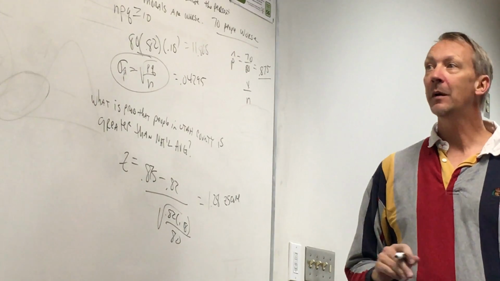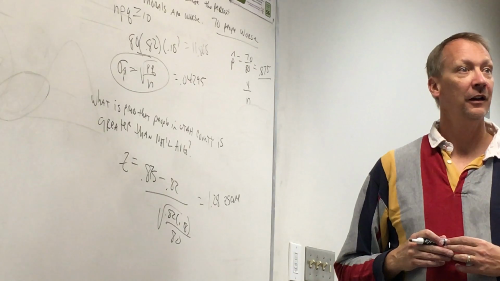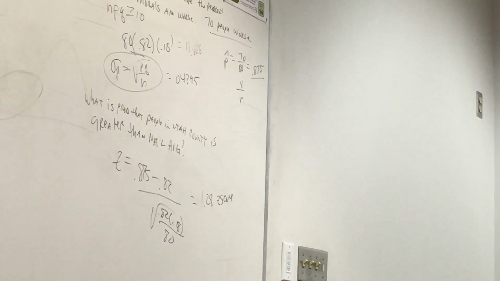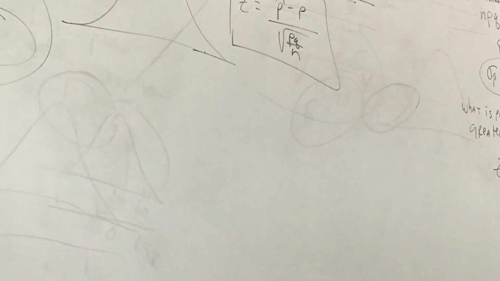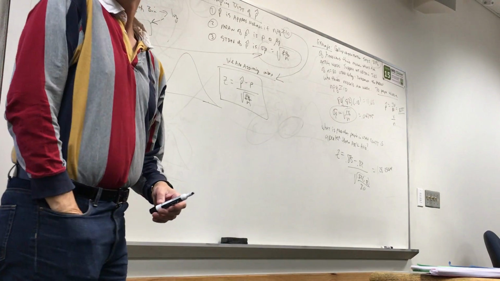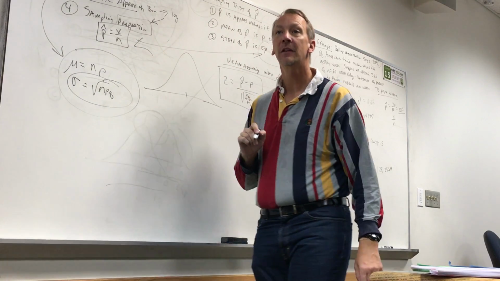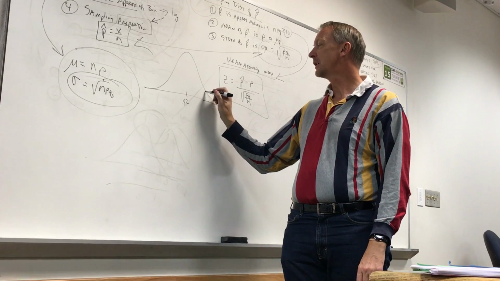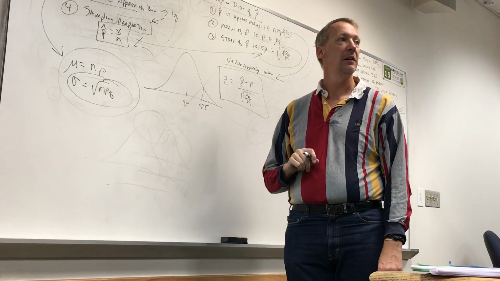Okay, so let's think about what's going on. WWRD. What would Rick do? Rick would draw a picture. He's not a very good artist. He can draw a bell curve pretty well. Okay, what's going on? A mean of 0.82, and I got a sample mean of 0.875, right?